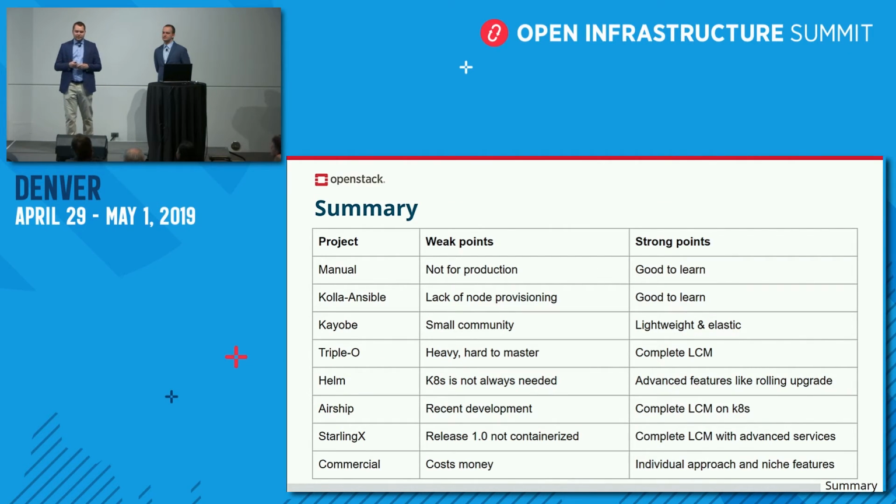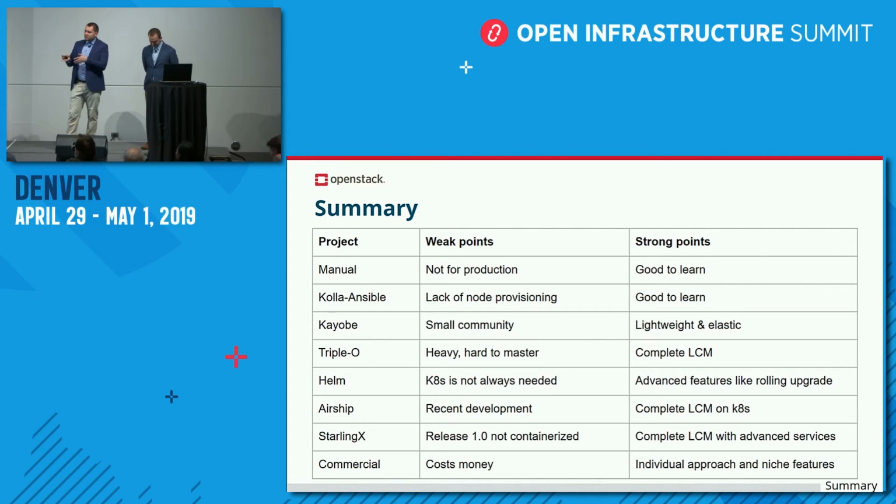Here is a short summary, and this is obviously biased, so those are my recommendations. I put manual installation based on documentation as a great way to learn OpenStack. We have Kolla Ansible, and Kolla Ansible has both simplicity and power, both for learning and for making a production cloud as well.